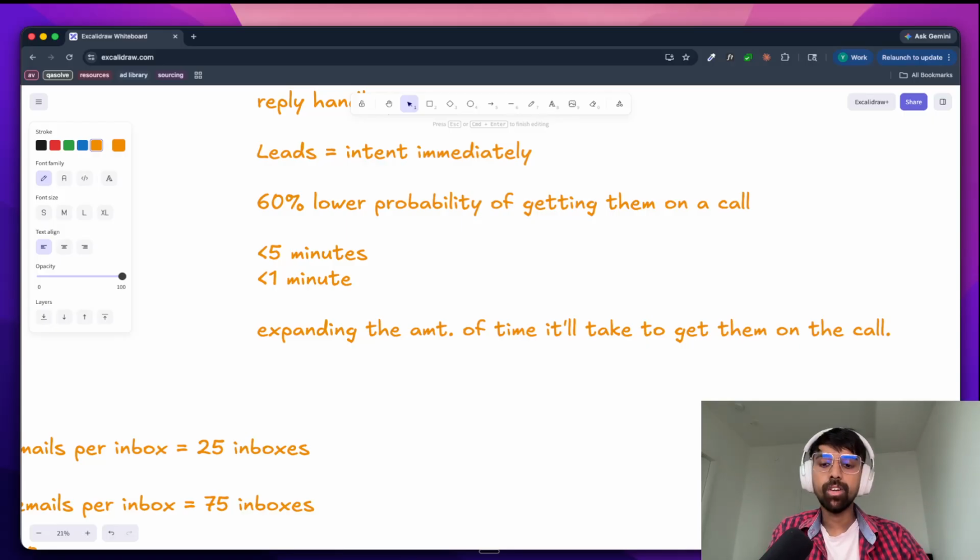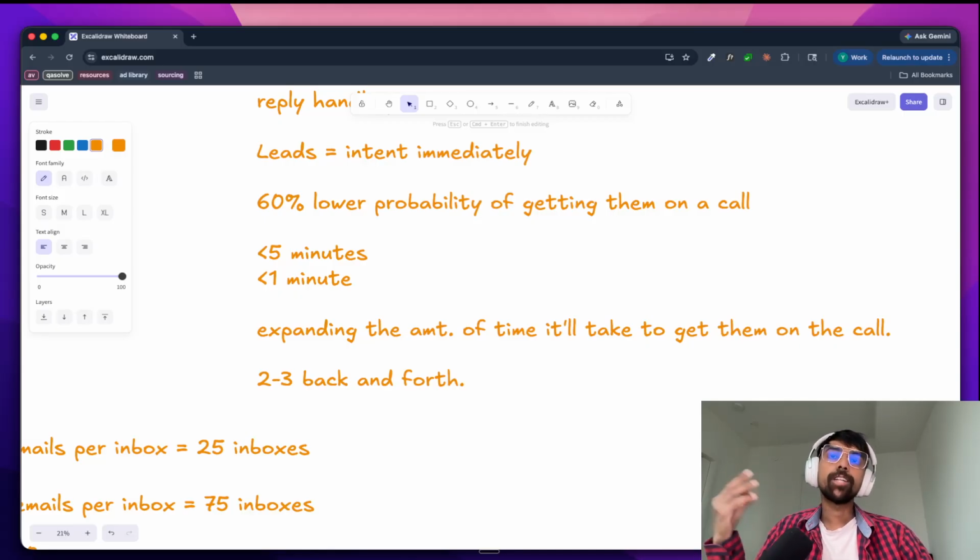They'll want to jump on a call in like 2 or 3 back and forth, right? If you're replying in half an hour or if you're replying in like 3 hours, they will be replying later to you in the evening. For example, if you replied at 11 a.m., they will be checking their email again in like 2 hours, 3 hours. It will be late afternoon by then. You won't be able to talk that day. So you'll have to wait for the reply that will come this evening or the next morning.